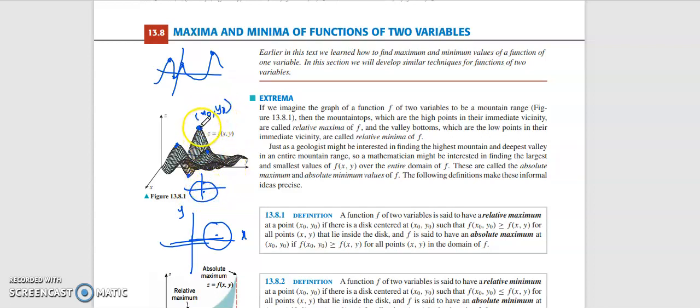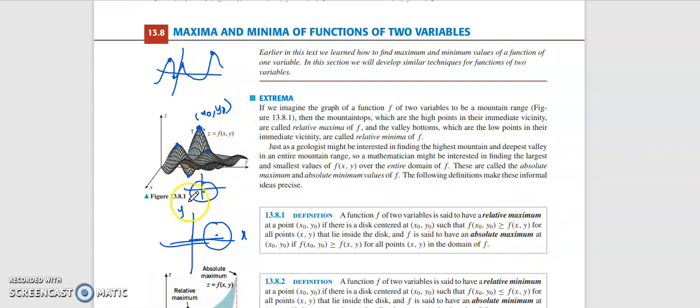That is, the x0 y0 value must be the maximum, and if the values at all the surrounding points are smaller, then here we have a peak point at x0 y0, so that will be called a relative maximum. In the entire domain, if f of x0 y0 is greater than or equal to f of xy for all xy, that is, if the value f of x0 y0 is the largest, that will be called an absolute maximum.